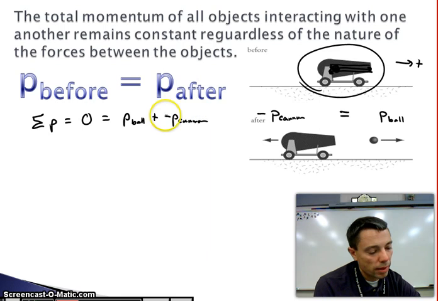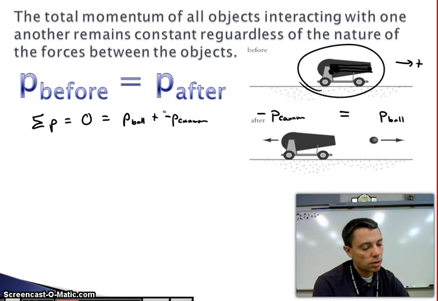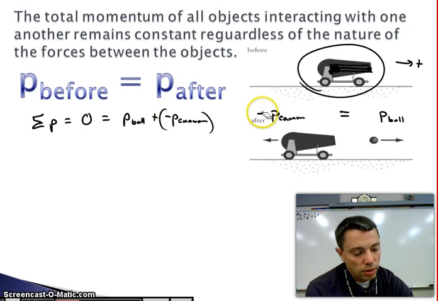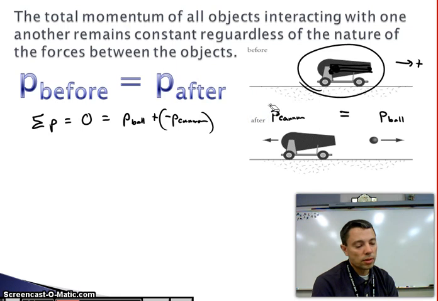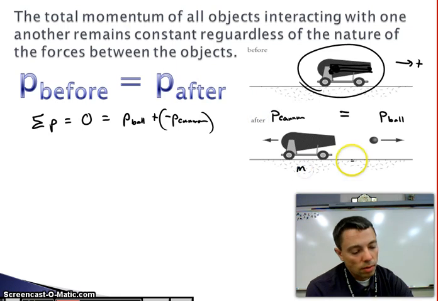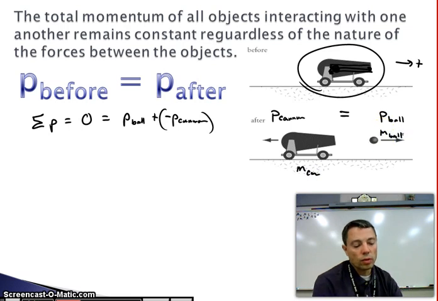That's why I apply that negative, because it's in the opposite direction. So that'll be equal to 0. When I go through and do the problem, I like to just say the momentum of the cannon is equal to the momentum of the ball. So we know maybe the mass of the cannon, we know the mass of the ball, and then maybe we know one of the two velocities.